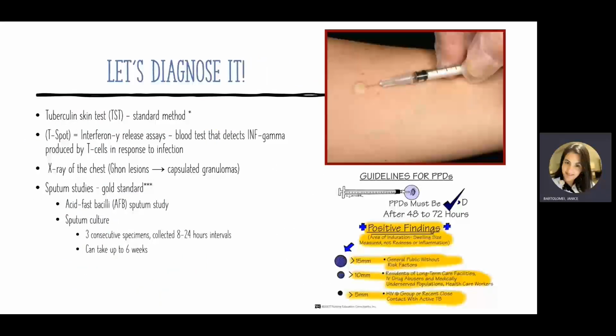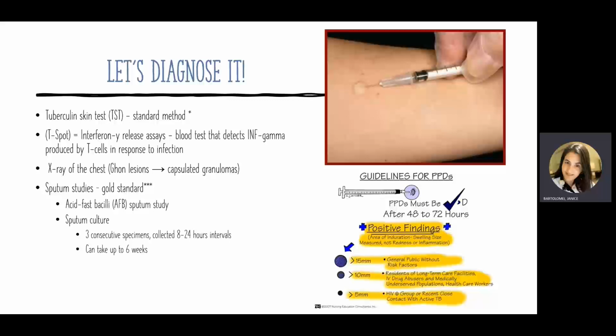We diagnose it based on a skin test. That's sort of the standard method. It's the tuberculin skin test, and I'm sure many of y'all have gotten one of these. It's intradermal. They inject a very small amount of the protein in the forearm, and then you read the results within 48 to 72 hours.